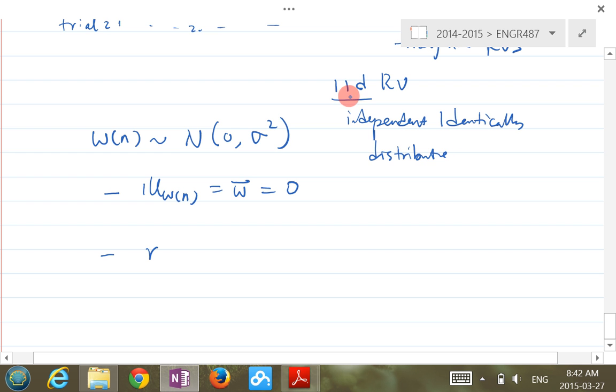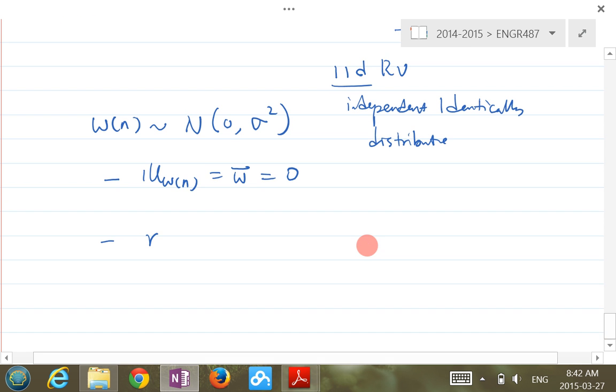Because they are independent, W1 is independent from W4, W4 is independent from W100, so the covariance and the correlation become the same thing. The autocorrelation matrix in this particular case is sigma squared delta k.